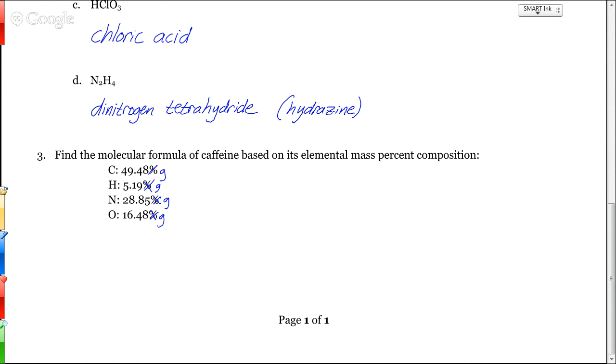I think you get something like 4.12 moles of carbon, assuming this person's right, 5 moles of hydrogen. All right, we got some significant figures here. Let's see if we do.